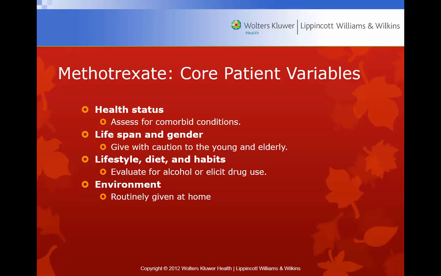We want to give with caution to the young and the elderly. And we want to evaluate for alcohol and illicit drug use as well, especially with the liver and kidneys, because of the way that this drug is going to work inside the body.